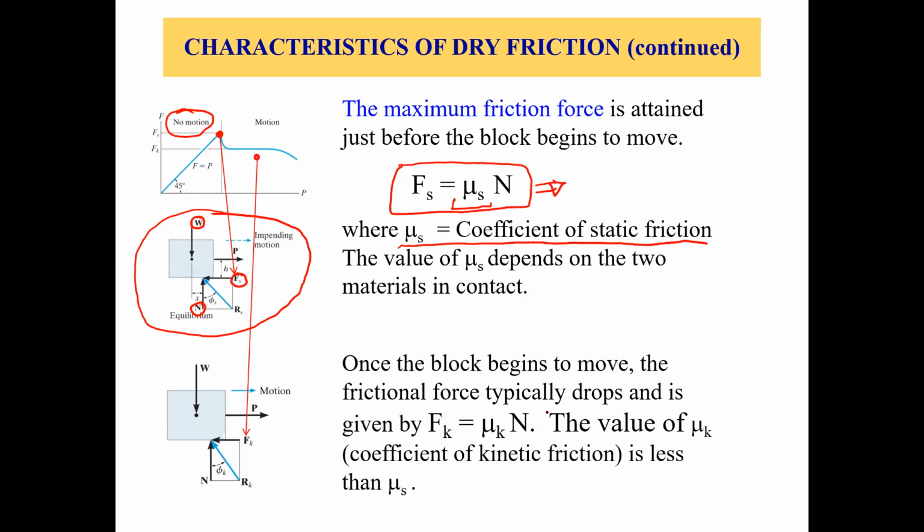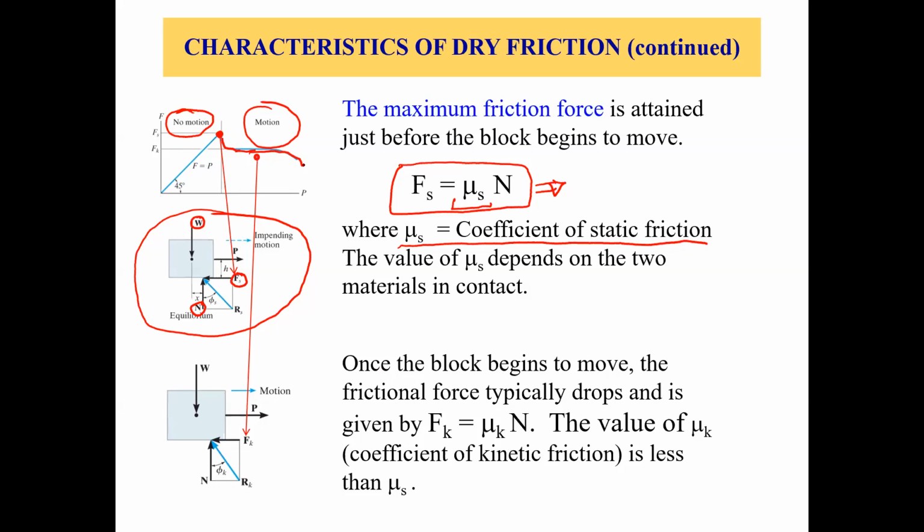Now, once we are in this motion zone, once the block starts moving, as it's written here, once the block begins to move, the frictional force typically drops. So as we saw earlier, and in this plot also, friction force comes down, right? So the friction force started to decrease. And that's why we have the movement of the block, right?